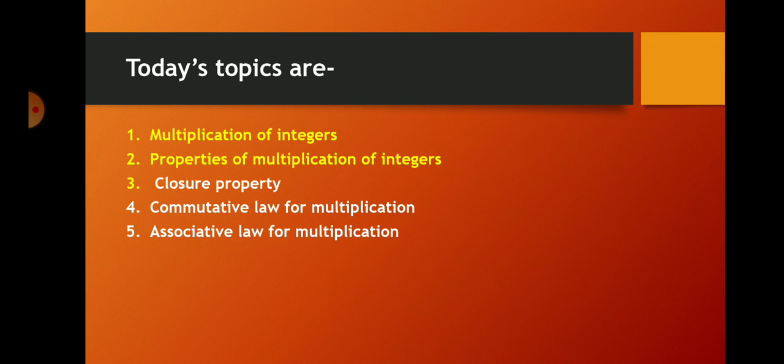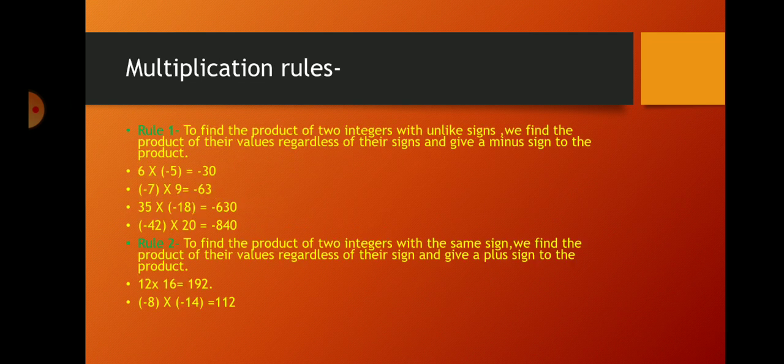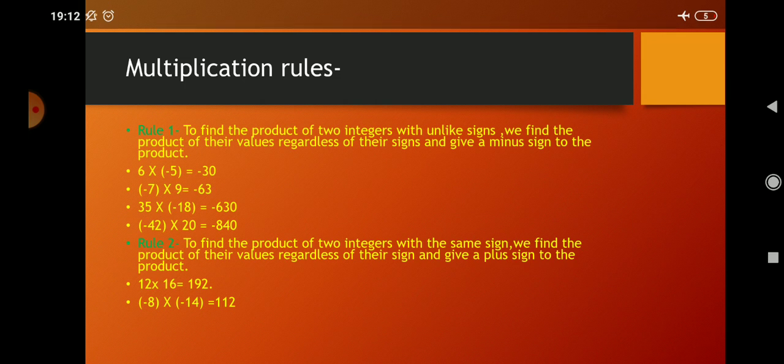Now, we will see multiplication rules for integers. Rule 1. To find the product of two integers with unlike signs, we find the product of their values regardless of their signs and give a minus sign to the product.